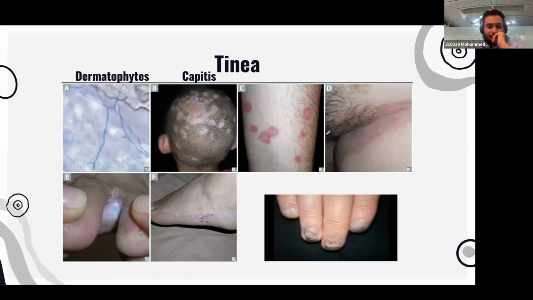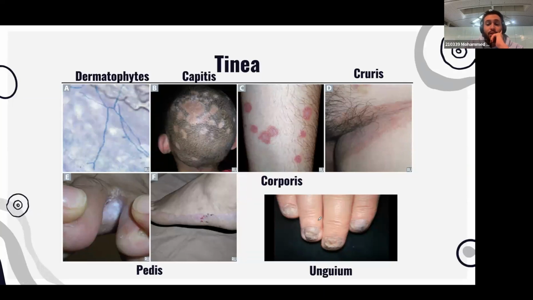This one on the groin is what? Cruris. Good. This one is what? Both of these together. Pedis. Good. And this one? Unguum, or another one is onychomycosis.